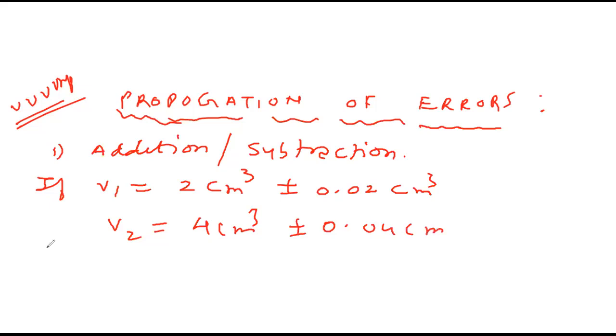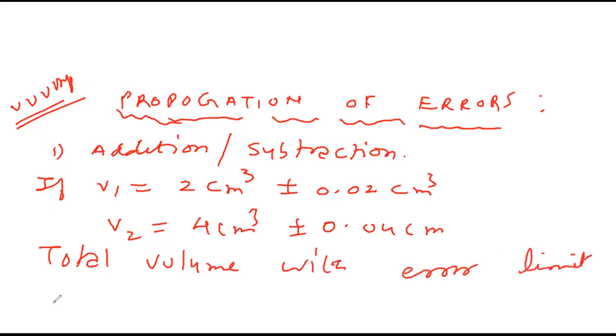I want total volume with error limit. With error limit means when you add the volumes, what will be the answer with proper error. So the first step is we have to add. This is called the actual value, and this is called the error; plus or minus something is called the error in that quantity.